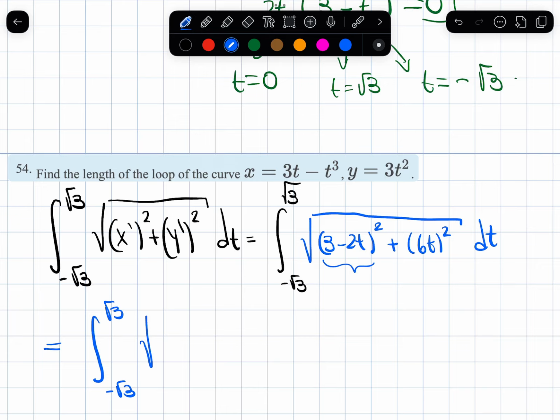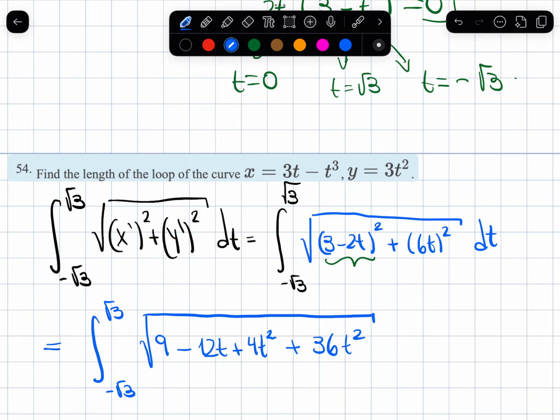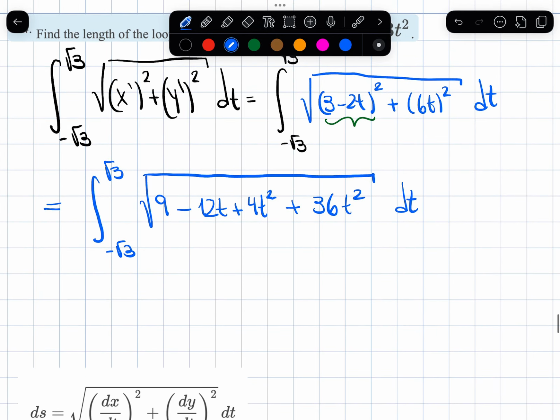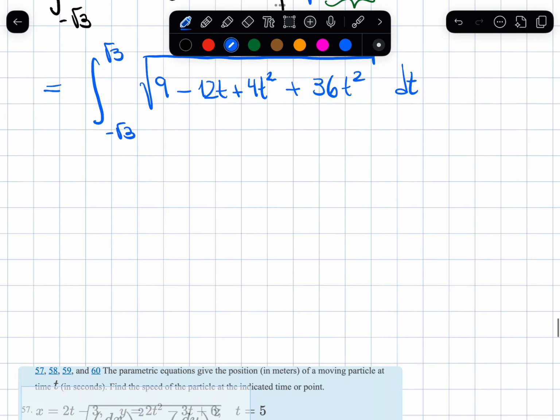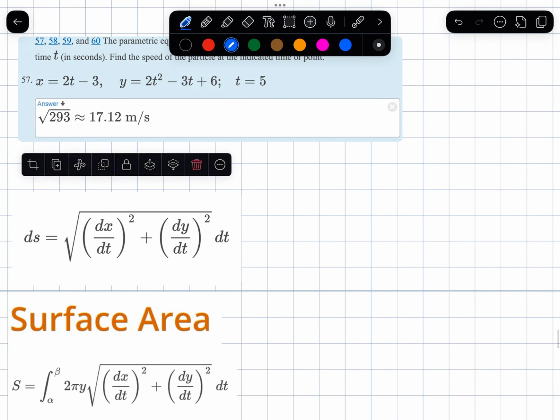Gotta FOIL this first one out. So that will be 9 minus 12t plus 4t squared, I believe, plus 36t squared equals all that dt. So you'll end up with a 40 in there. I wonder if this is where I need to use a trig sub. Let me move this further down a little bit.